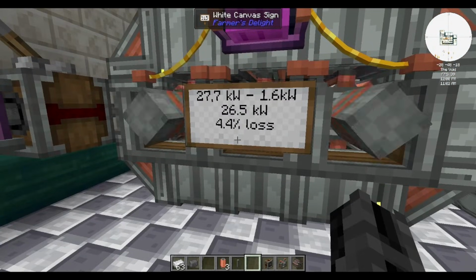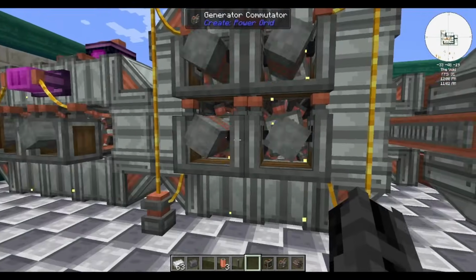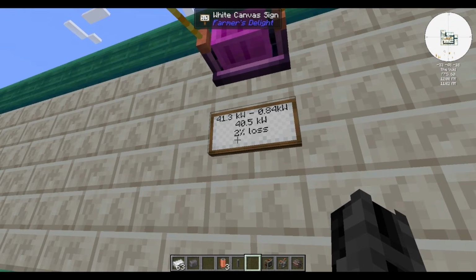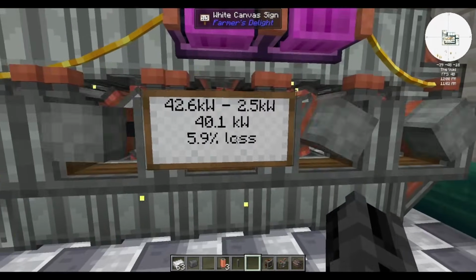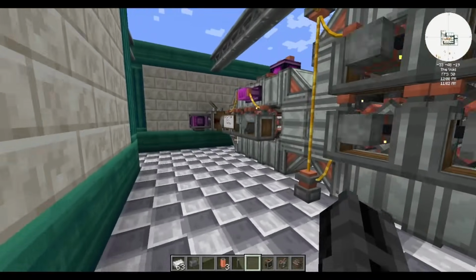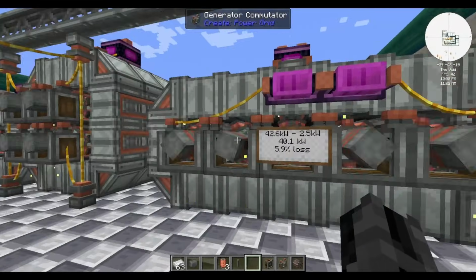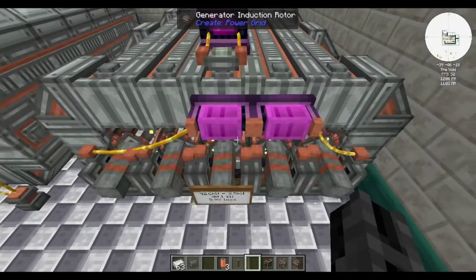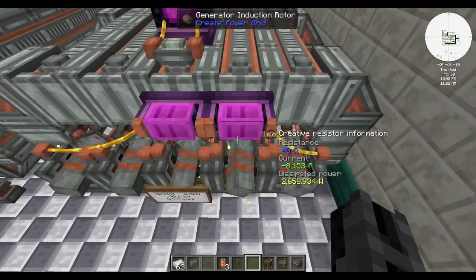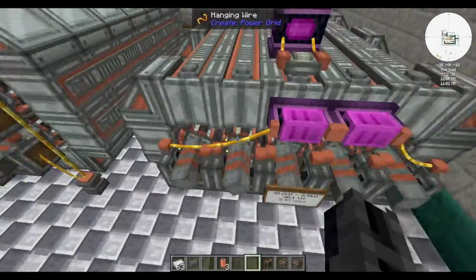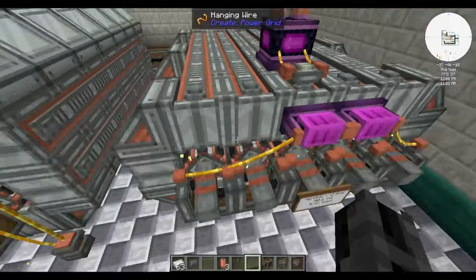Now, comparing these, I've discovered that the 2 by 2 is the most efficient with only 2% loss, and the 5 by 1 being the least efficient. So the more commutators you add in series, just on a flat line, it's not going to do you very well.